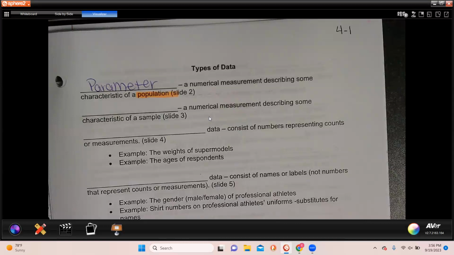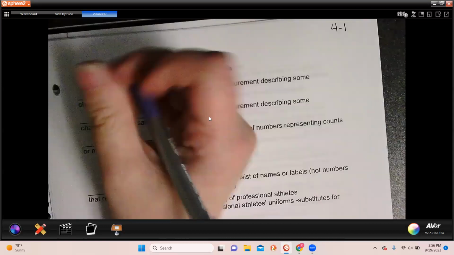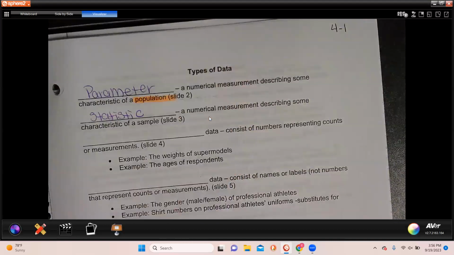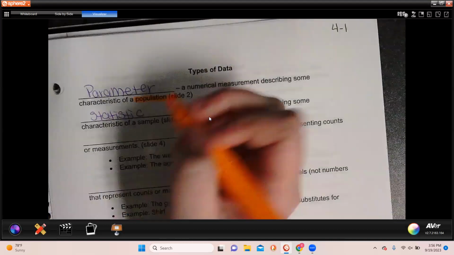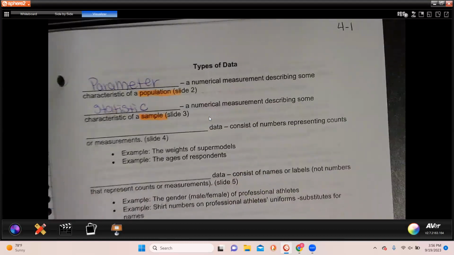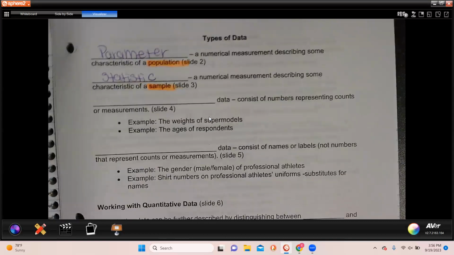Okay. P is with P. So a statistic is a numerical measurement describing a characteristic of a sample. Okay, so one's for the population, which is everybody in existence, and the other one is for the samples. Okay, so it's however much data we can gather.